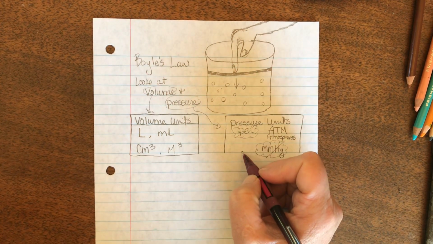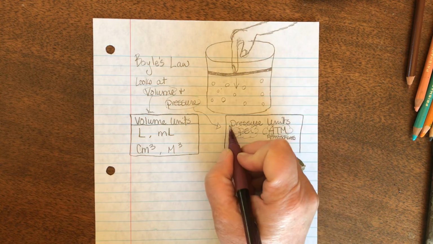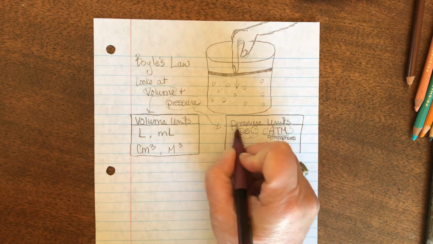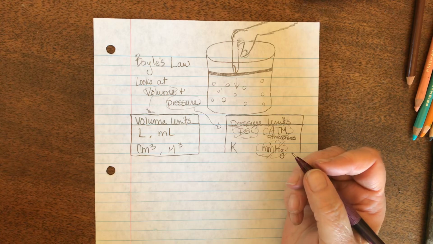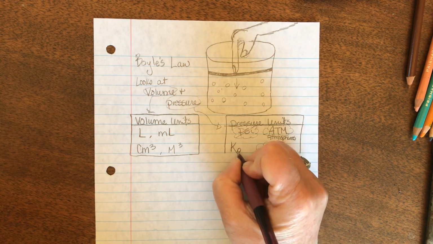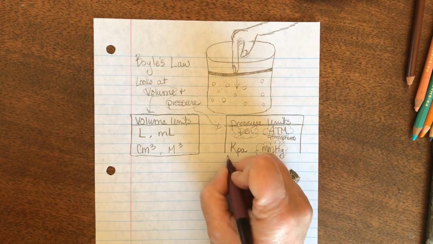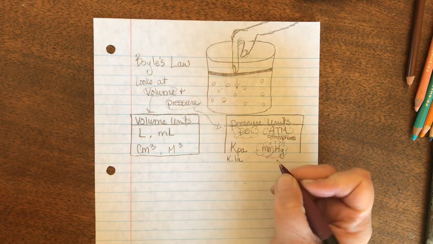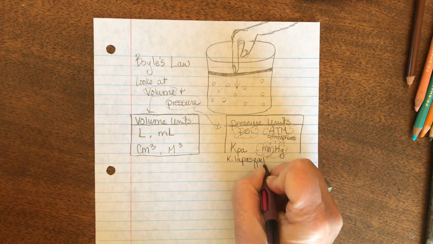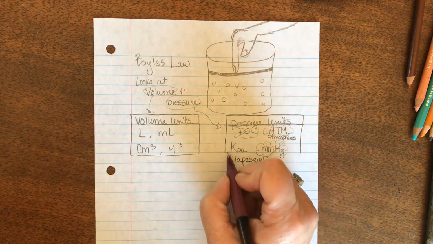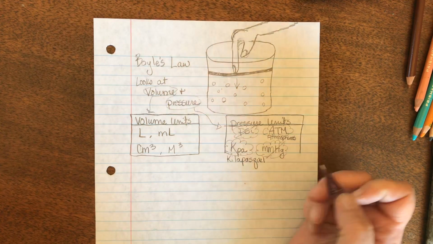Now, our other pressure unit that we're going to need to know is the kilopascal, which is written with a capital K and a lowercase pa. A kilopascal. And so these are the two we'll be mostly working with.